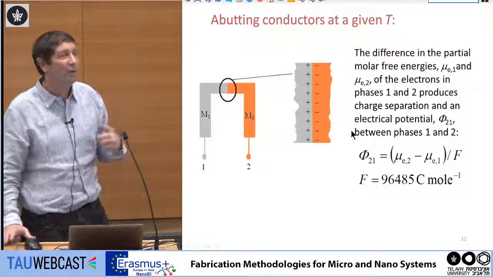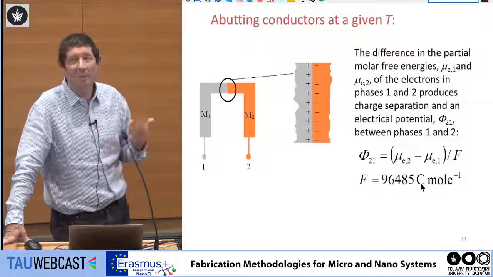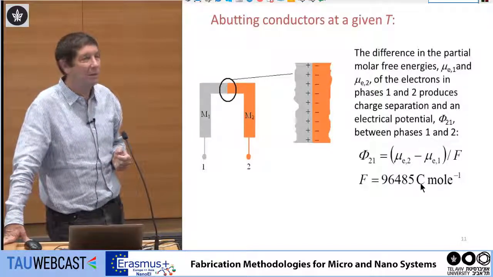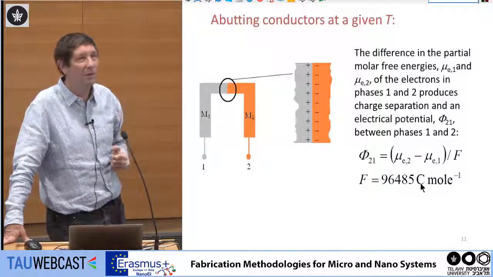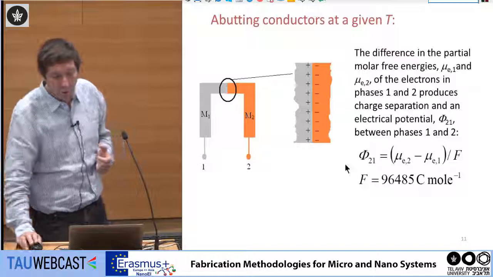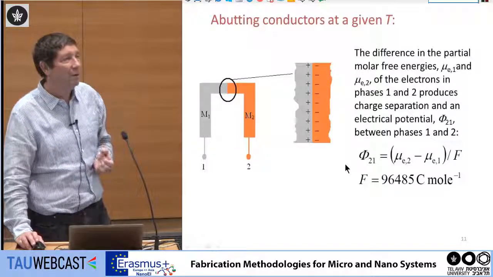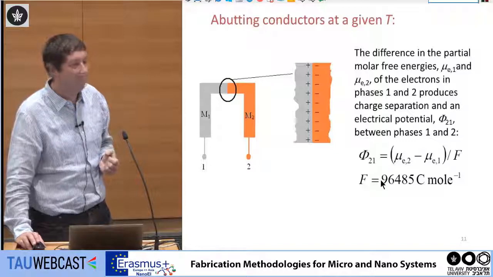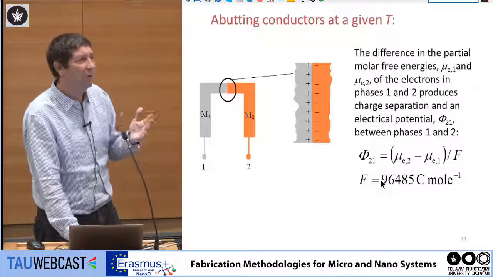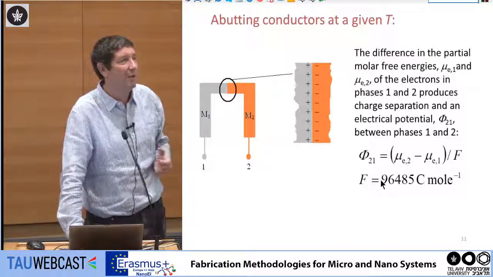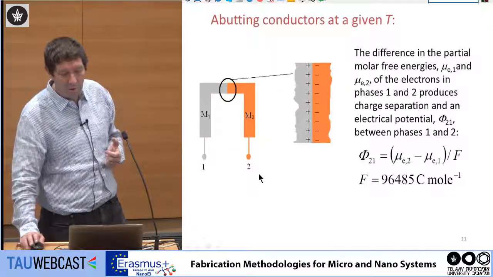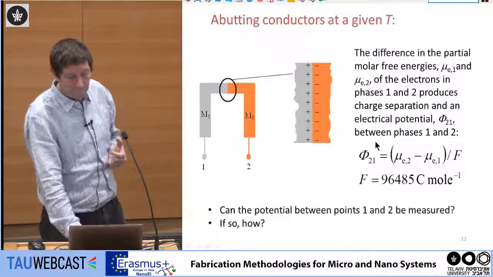Avogadro's number is 6 times 10 to the 23, and 1 electron is about 1.6 times 10 to the minus 19 coulomb, so I multiply the two numbers and get how many coulomb per mole. If I take 1 mole of electrons, how many coulombs do I have? So this is the number. But it's just a conversion ratio, because you can calculate the potential in electron volt, or in electron volt per mole. It's the same. It's just units.